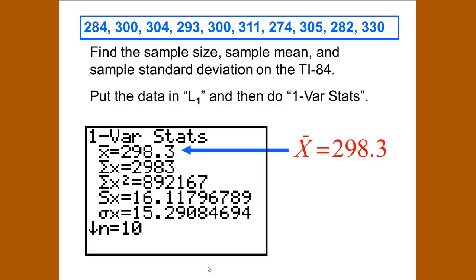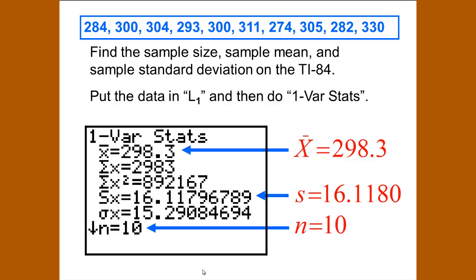Once we do that, we get a sample mean of 298.3, a sample standard deviation of S equaling 16.1180, and a sample size of 10. We will use this later, so be sure to write that down and keep it where you can see it.